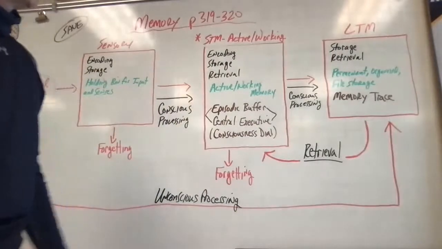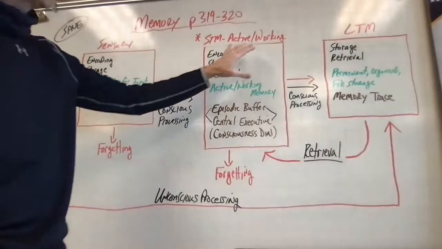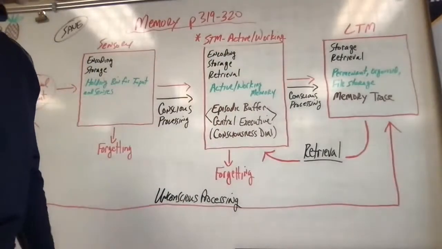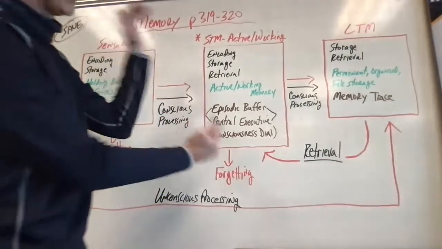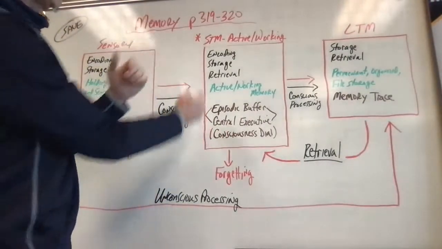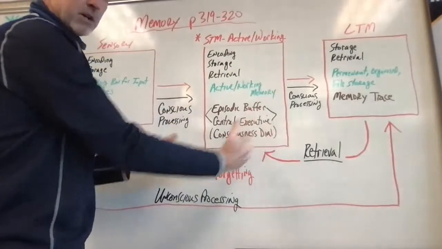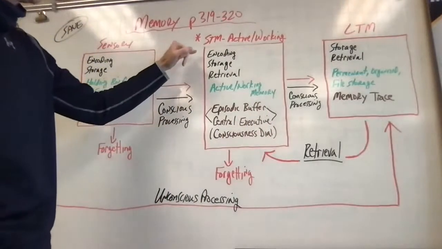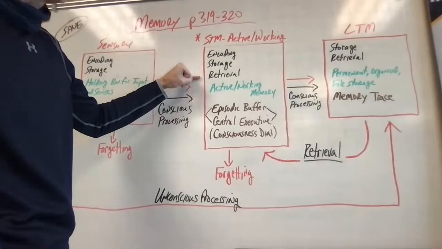Next stage is short-term memory, okay, or what is called active working memory. All right. This is the most important stage of the memory process, so I put a star by it. It's also bigger. It just does more things, but right off the bat, you can tell it does all three processes of memory.